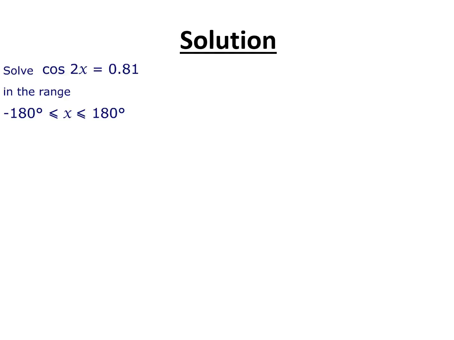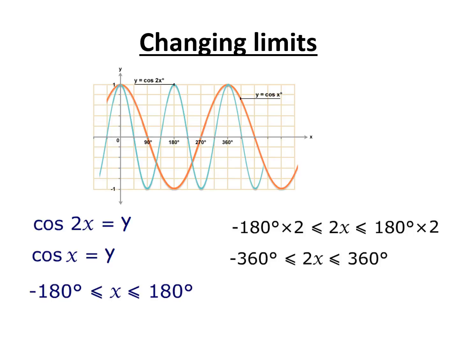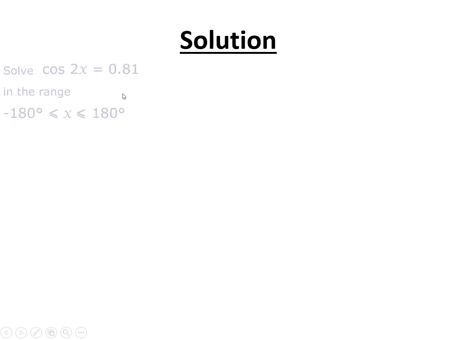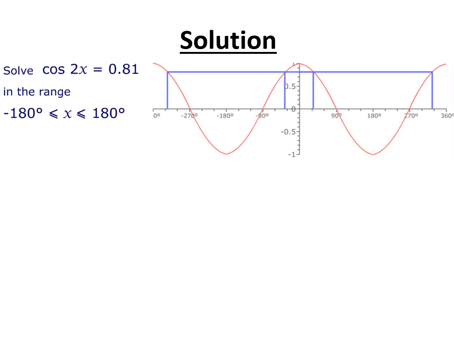So if we do a quick example of what I mean by that, if we're solving cos 2x equals 0.81, we're working where cos 2x equals 0.81, so about here somewhere. If we're solving that between minus 180 and 180, and then we just sketch on our graph what it looks like, you might think, oh, it says between minus 180 and 180, why are we going all the way up to 360?